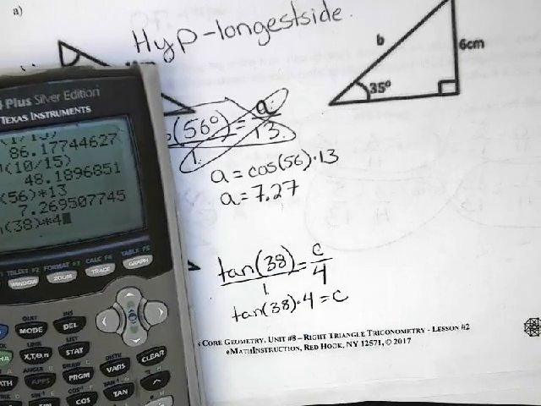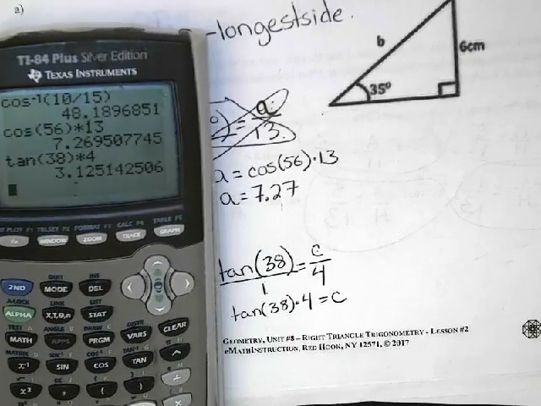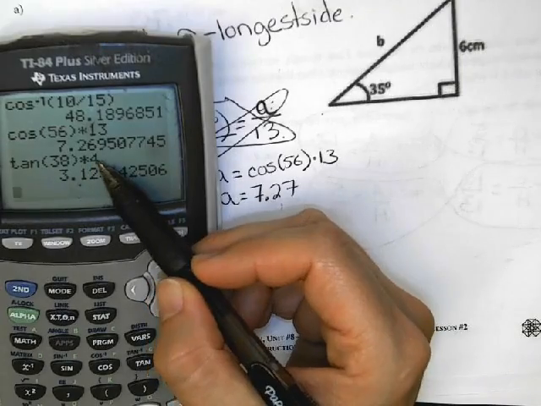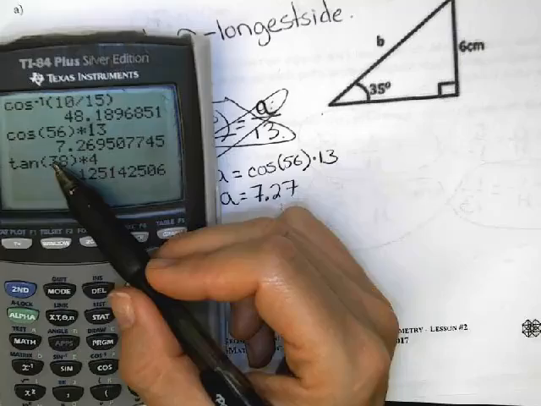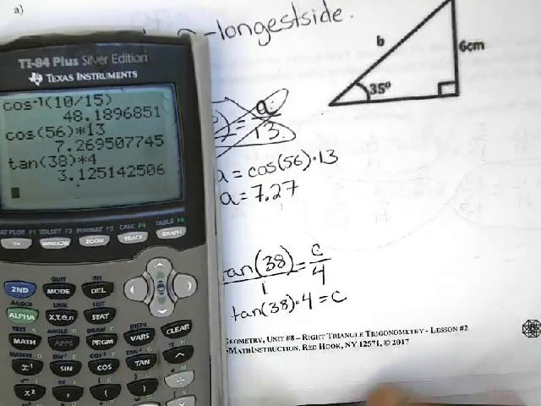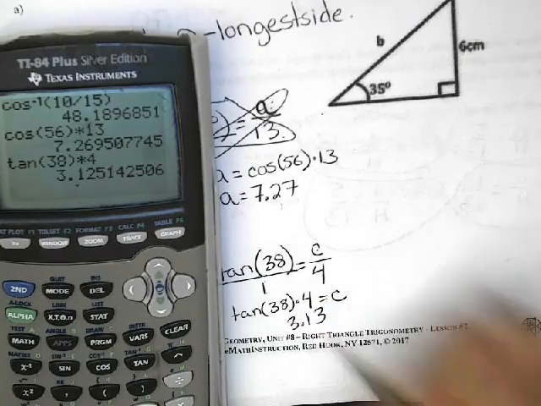Making sure you close those parentheses or it's going to get the wrong answer. You have to close this parenthesis right here, or it's going to put the times 4 and it's actually going to take the tangent of it. We only want to do the tangent of 38 and then multiply it by 4, so we have to close that parenthesis. Yep, 3.13.